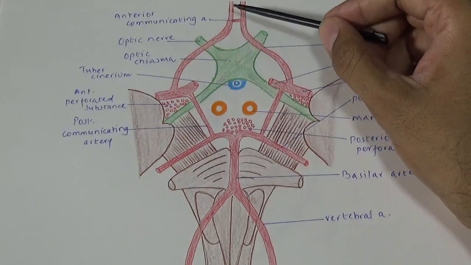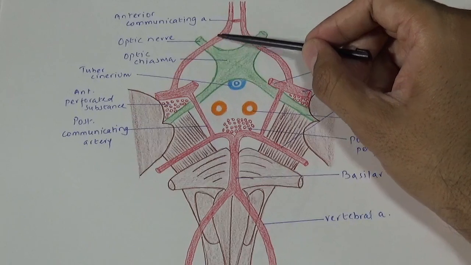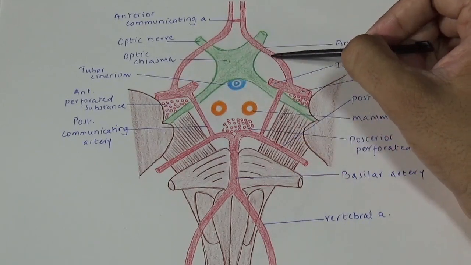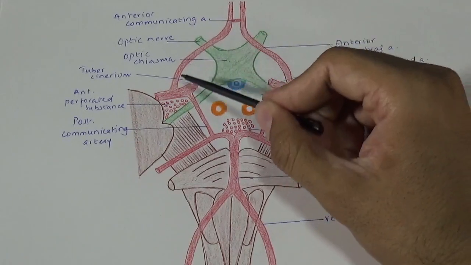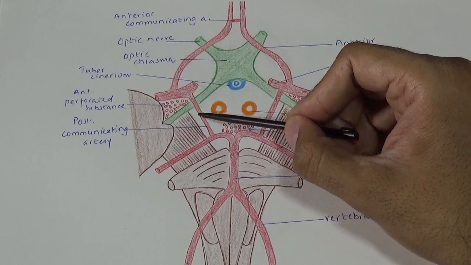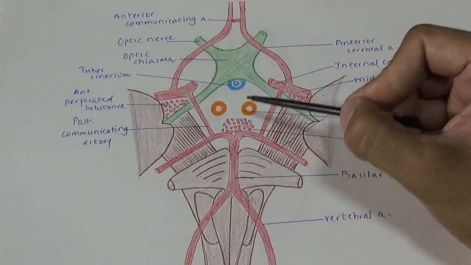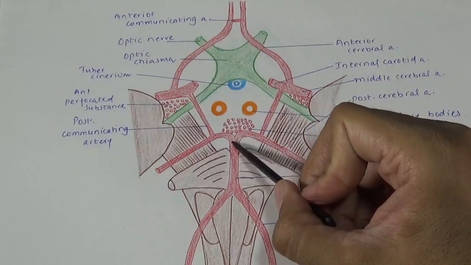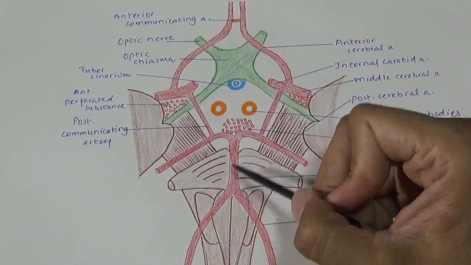I am repeating, anteriorly it is formed by anterior communicating artery, anterolaterally by these two anterior cerebral arteries, laterally by these two internal carotid arteries, posterolaterally by these two posterior communicating arteries, and posteriorly by commencement of these posterior cerebral arteries from basilar artery.